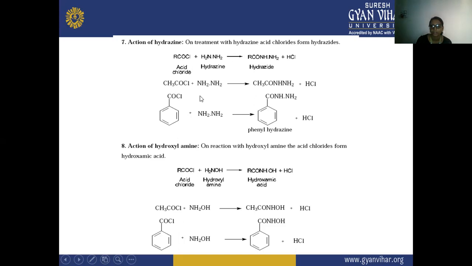In the ethanoyl chloride plus hydrazine, one H is removed as H positive, and here it becomes negative, and here it becomes positive, and here it becomes negative. So this negative Cl and this H positive will react and form HCl, and this negative NH2 and the CH3CO, which is positive, will react and there is a formation of the bond between the carbon and the nitrogen, and here it becomes the hydrazide.